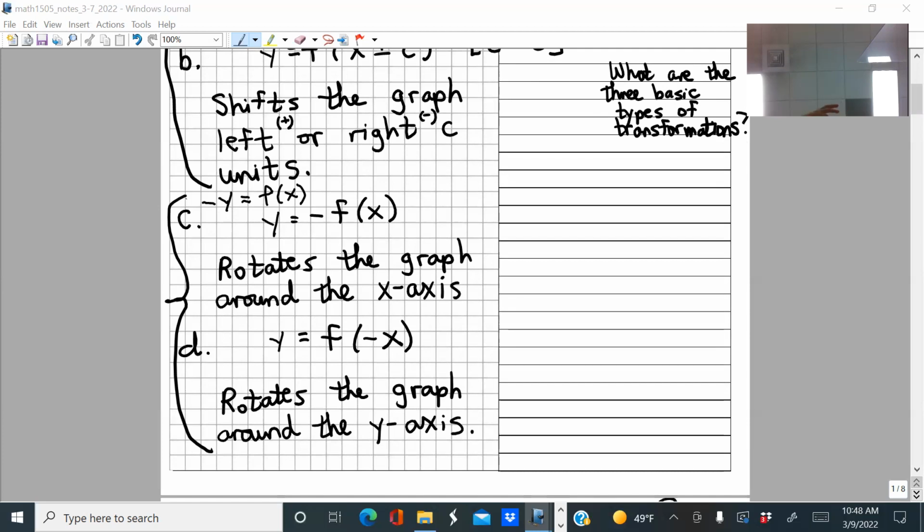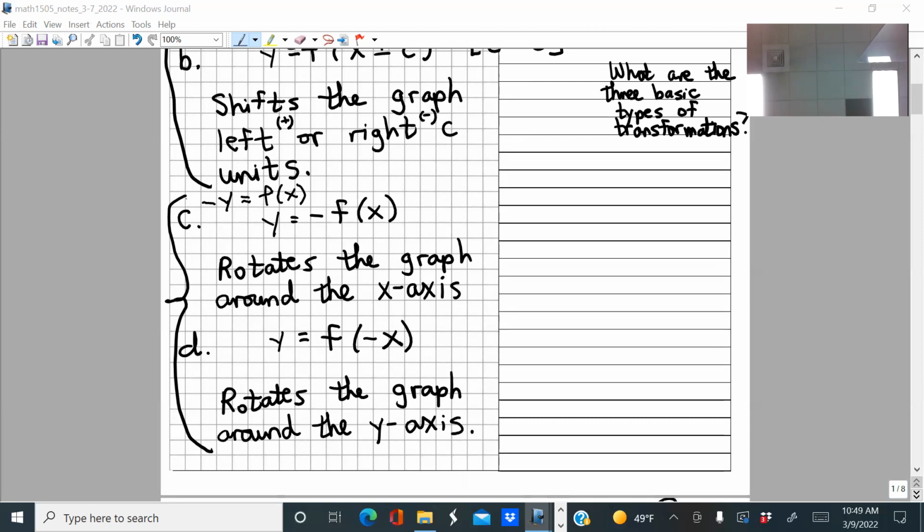So if you apply a minus sign to the formula, it rotates the graph around the x-axis. The part above the x-axis rotates to below the x-axis, and the part below rotates up above the x-axis. It's rotating, so you have to think three-dimensional, around the x-axis.